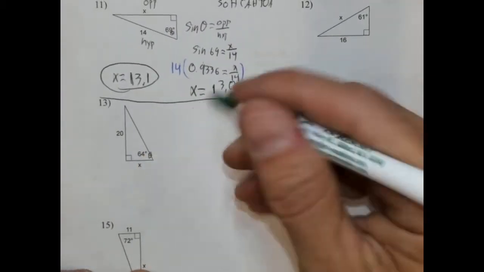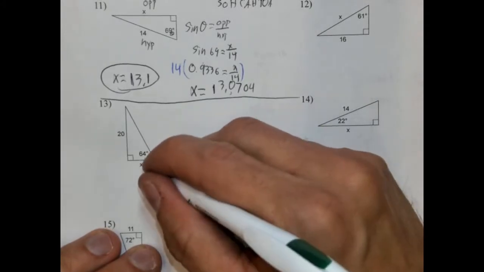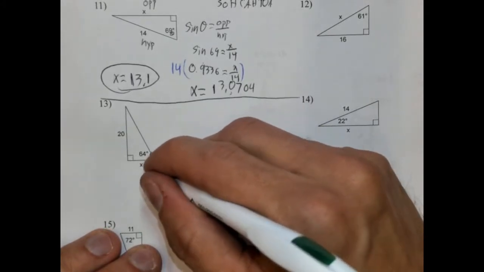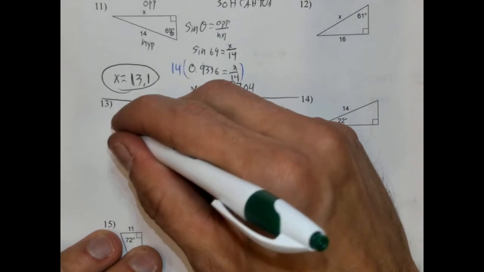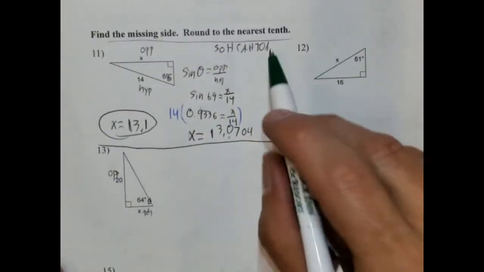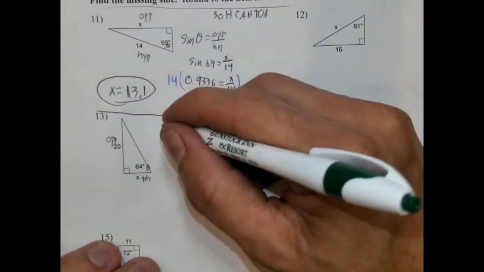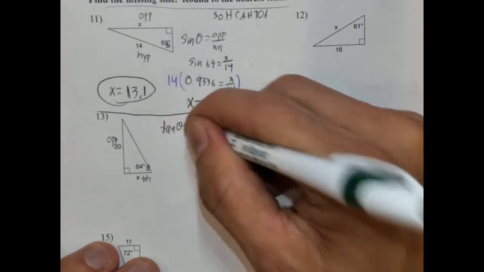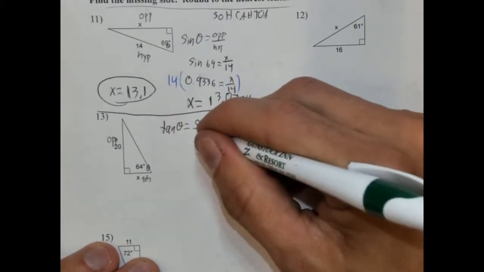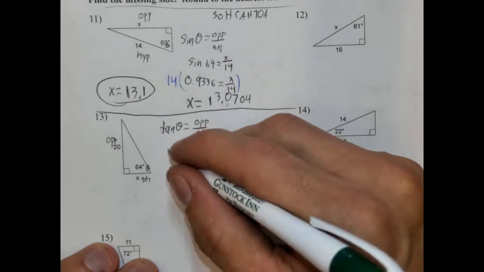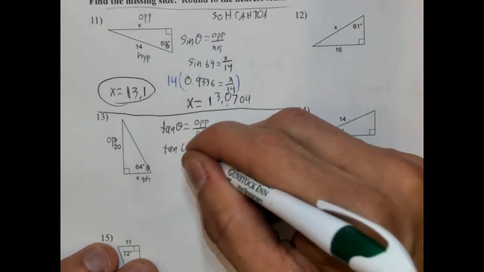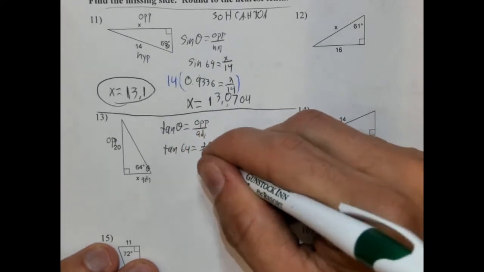So here's our theta, this is our adjacent, and this is our opposite. So opposite over adjacent, that's TOA, so we're going to use tangent here. So tangent of theta equals opposite over adjacent, and tangent of 64 degrees equals 20 over x.